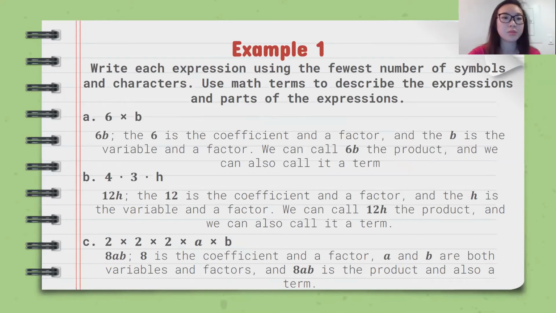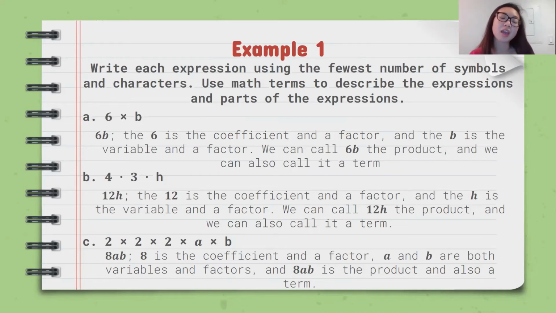So A, here we have 6 times B. This could look a little bit confusing because it could be 6xb. So we are going to find another way to write it that's less confusing. We can write it as 6b, and since it's a number and a letter, we know that those are going to be multiplying because it's not two numbers together or two letters together.